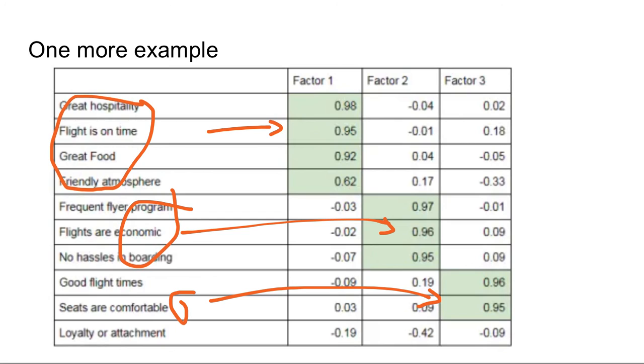And the third one, we can see maybe there were several attributes compared to the other flights or companies. Then we can use just those 3 factors instead of the 9 or 10 different items to explain the questions. In that way, we achieve data reduction as well as theory explanation.